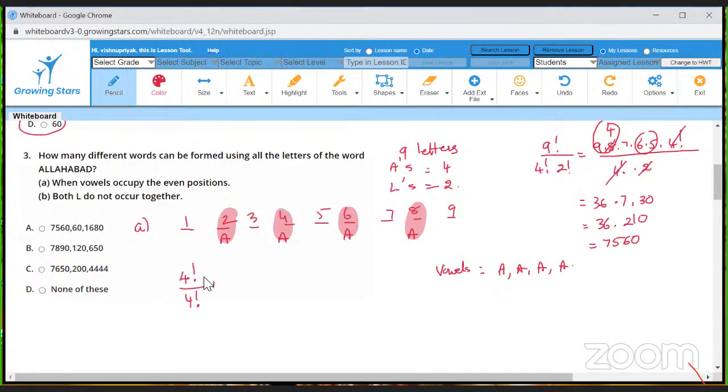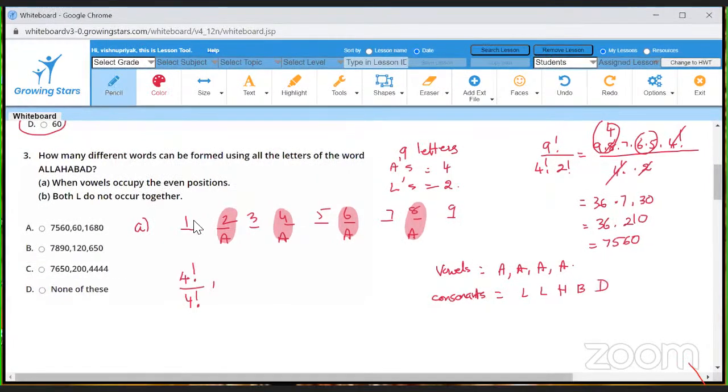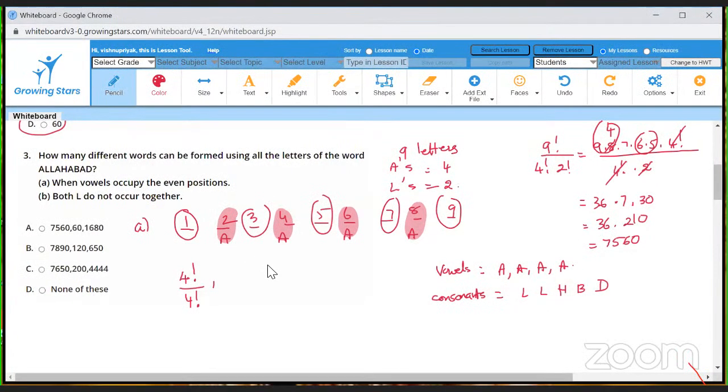Now, coming to the other letters, the consonants: L, L, H, B, D. 5 letters, and 5 places are there. 5 factorial, but 2 L's are there, so 2 factorial. Second work done.